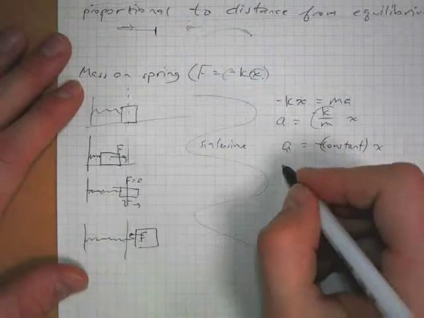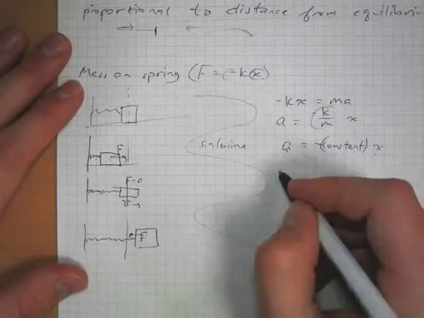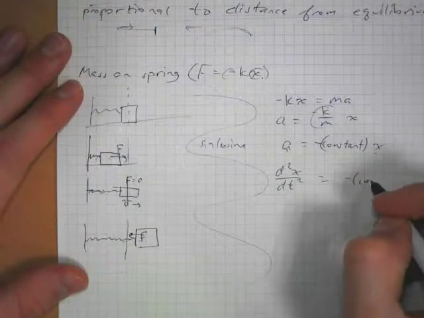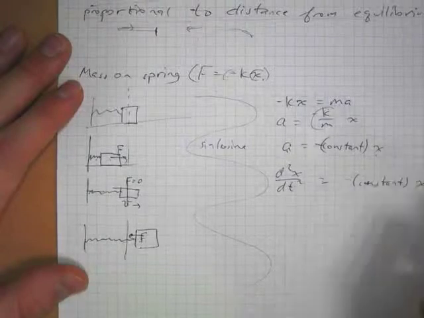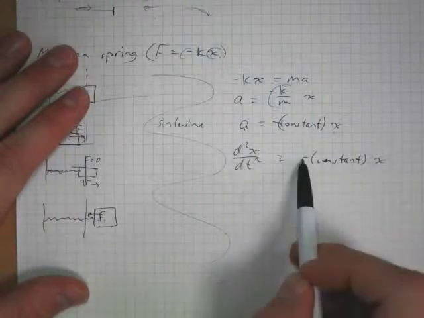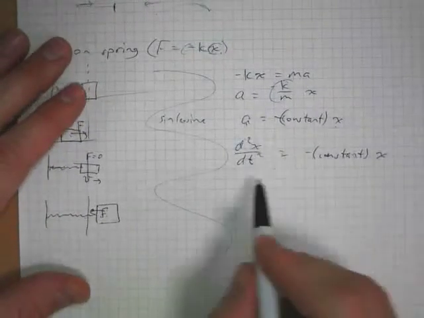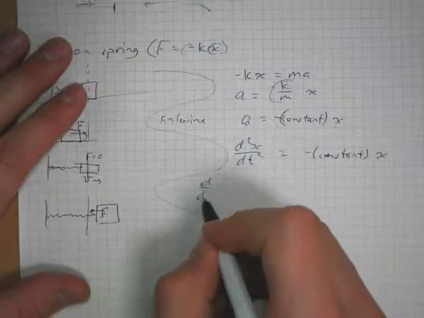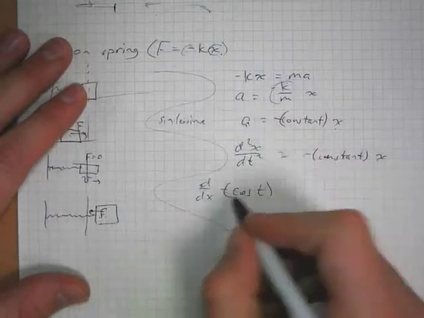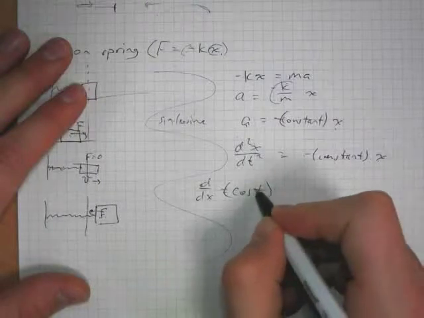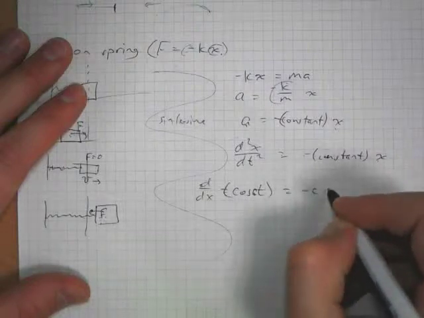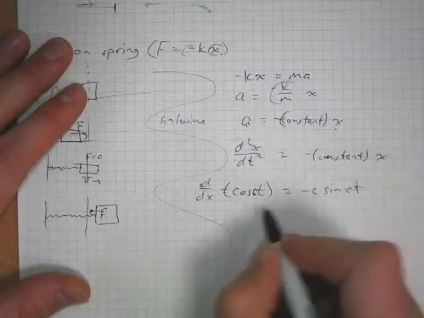Acceleration as a function of time is the second derivative of position. So the second derivative is some constant times x, with a minus sign. Well, what function has a second derivative that is itself with a minus sign? A sine or a cosine function, because we know d by dt of cosine of some constant c times t is minus c times sine of ct.